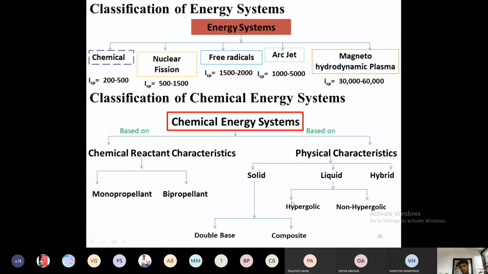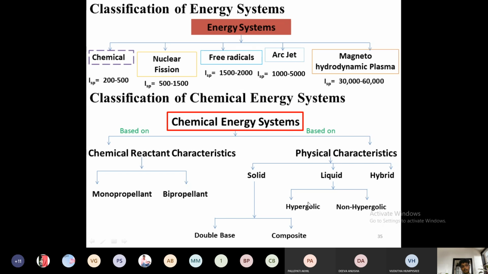We need not supply an ignition source from the outside, whereas for non-hypergolic mixtures we need to supply an ignition source, like a spark, or some impact or force. In a hypergolic mixture we need not apply any ignition source. It will automatically, spontaneously burn.